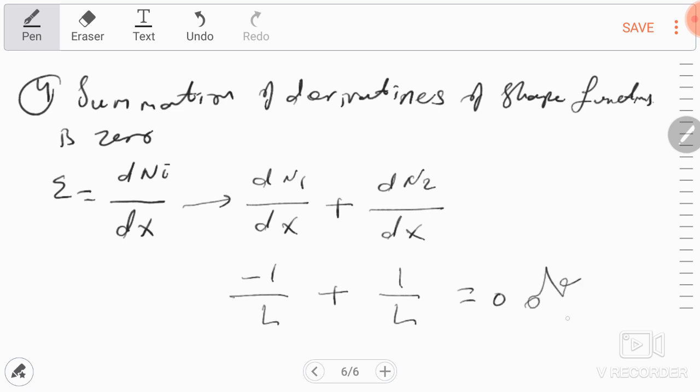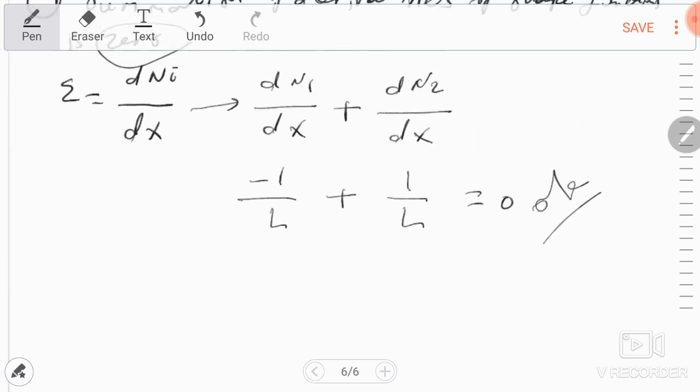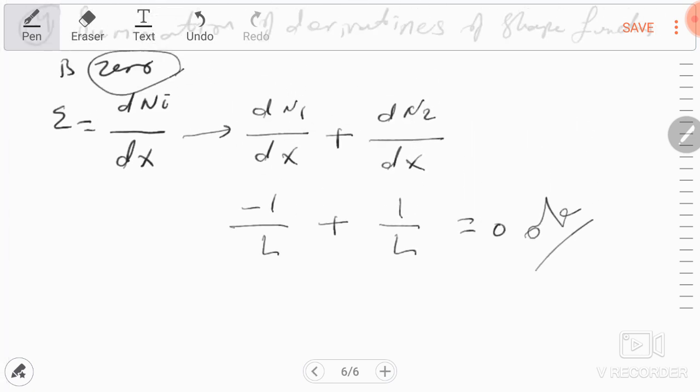So this one is okay, because the condition is that the summation of the derivation equals 0. So in this case all criteria are okay, and the shape function is accepted.